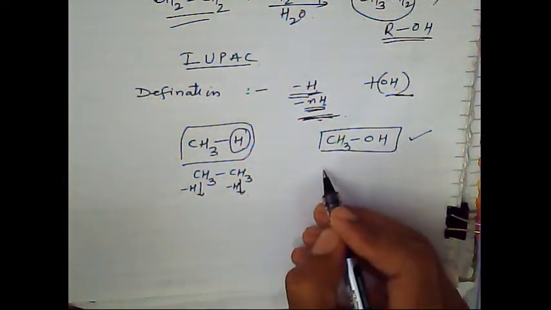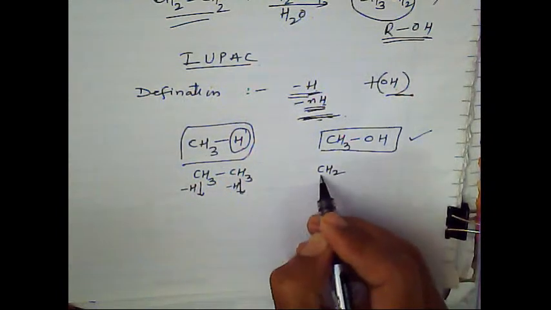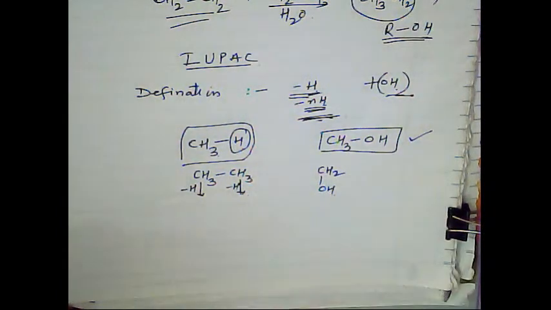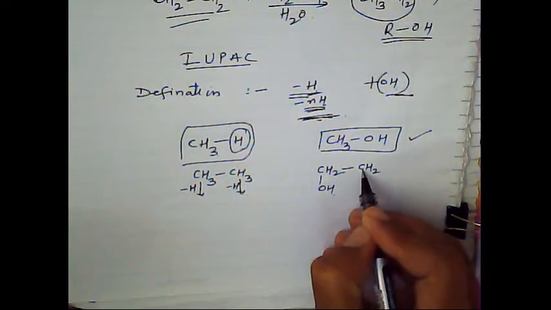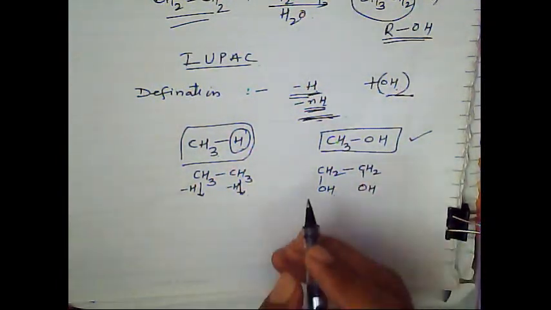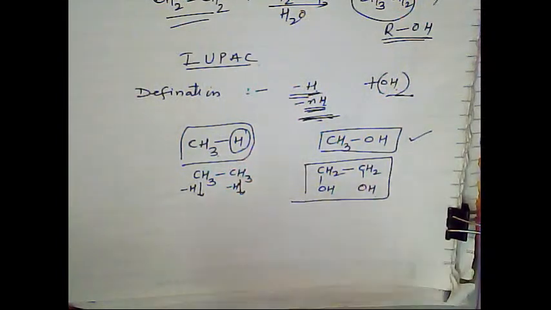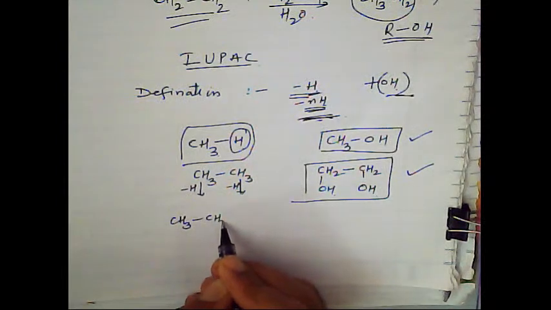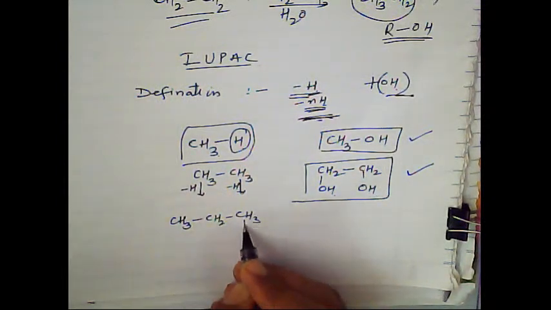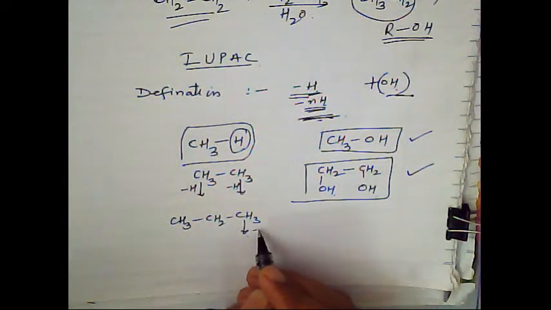Now those hydrogens are replaced by OH groups, so it will become CH2OH-CH2OH. Two hydrogens are replaced by two OH groups, so again it is called an alcohol.